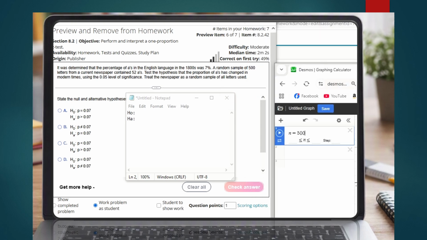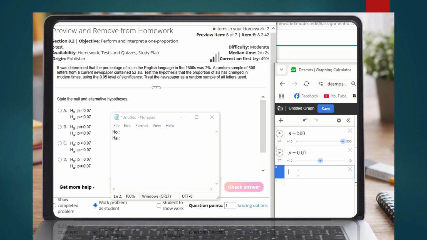So our n was 500. And from that, we got 52 A's. So let's point out what the status quo was, 0.07, and that was in the 1800s, the old.